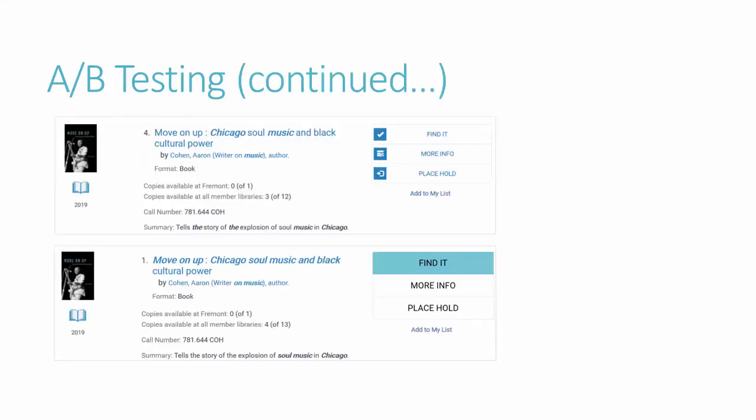We used A/B testing to test an alternative design of the Find It button. In usability testing, we found fewer patrons than we would like were using the Find It button. We redesigned the Find It button, referred to as Design B, to include a color, larger text, and no graphic, and wanted to see how it would affect patrons' usage of the button.